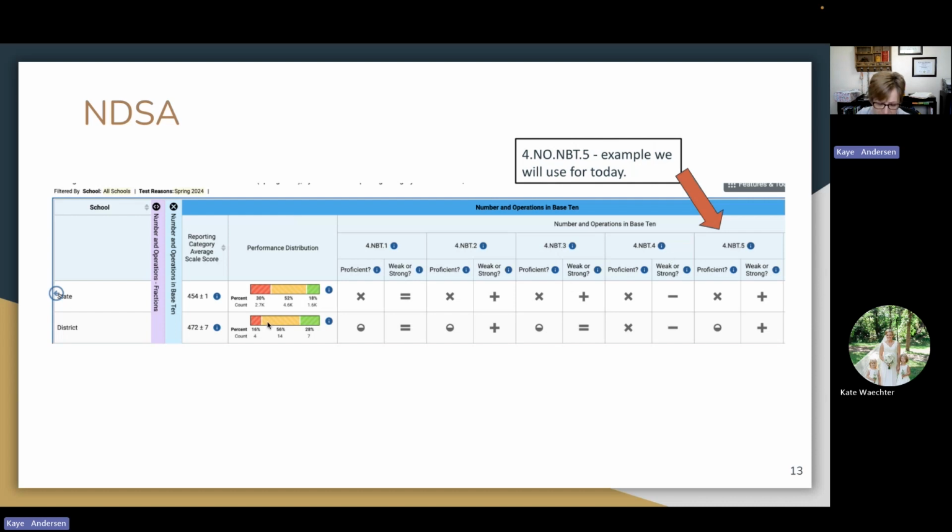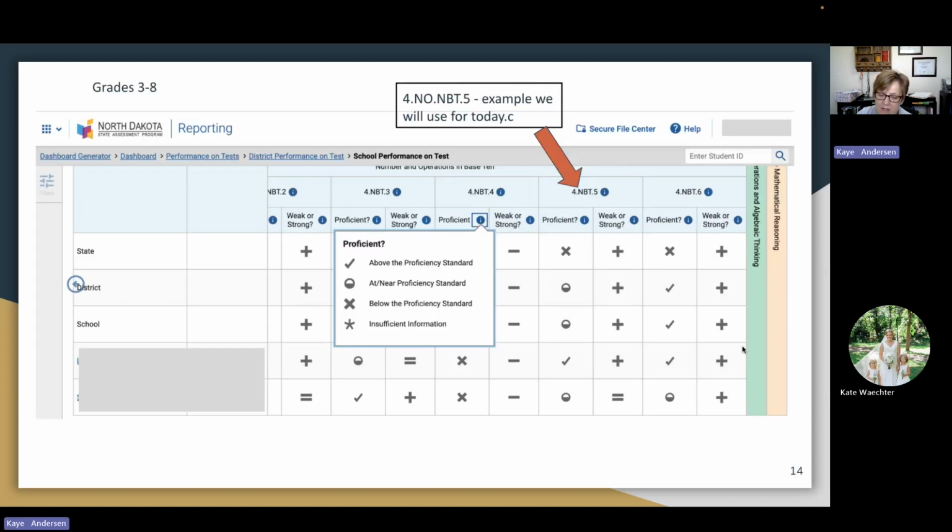I can look at how my district did compared to the state, but more importantly, I can look at these 2 columns to see how we are doing. I can see if my students are proficient at the NBT 5 standard. You can see that our district is partially proficient, but not proficient. One classroom is doing fairly well. The other one isn't quite there yet.